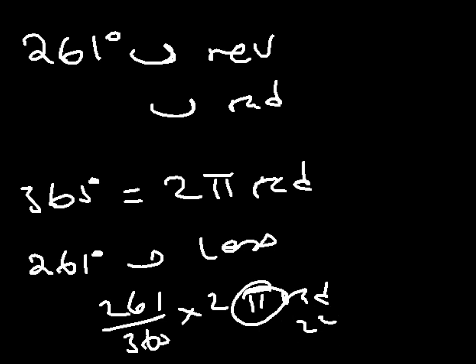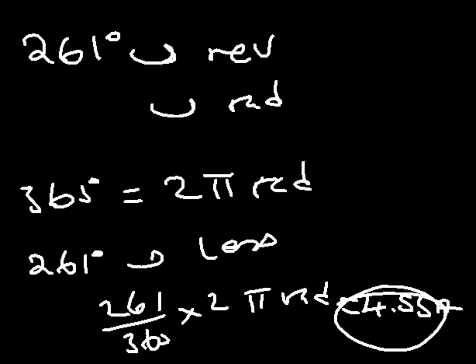So now we have 261 divided by 360 times 2 pi, which gives about 4.557 rad. So take note of that.